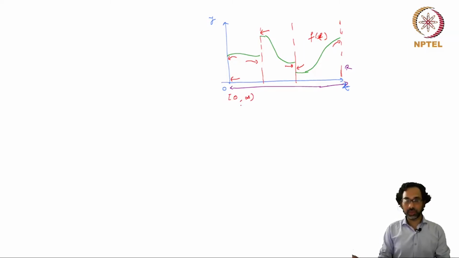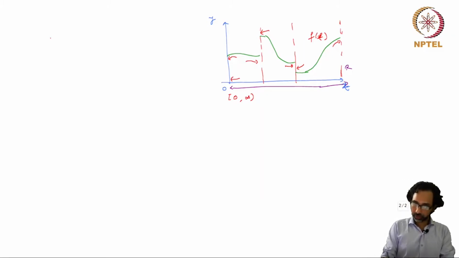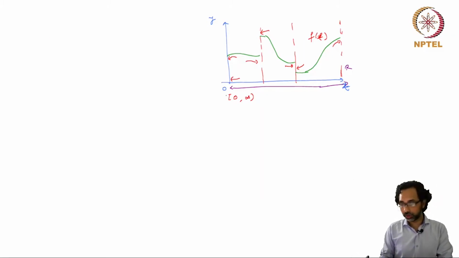Now we will encounter some functions which do not have a finite right hand limit when we approach 0 from the right hand side. Such functions are not piecewise continuous on the whole 0 to infinity, but we want them to be piecewise continuous on every interval when you remove 0 from the interval 0 to infinity and take any small r.